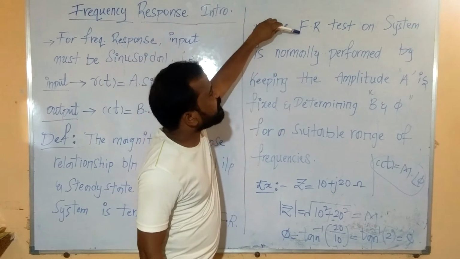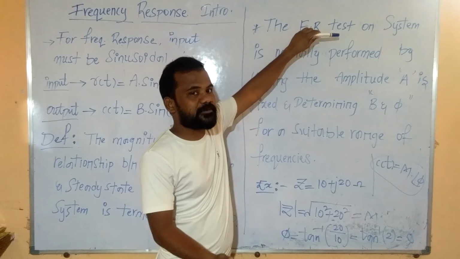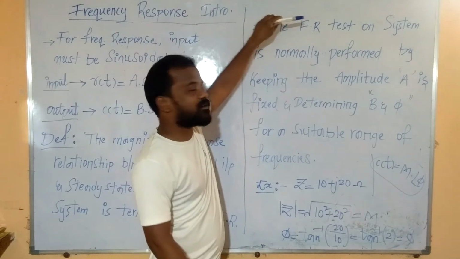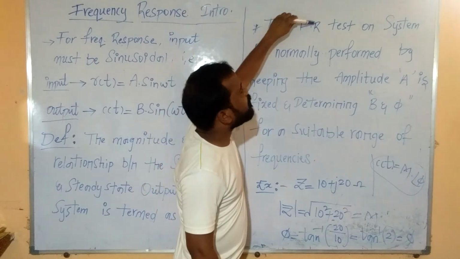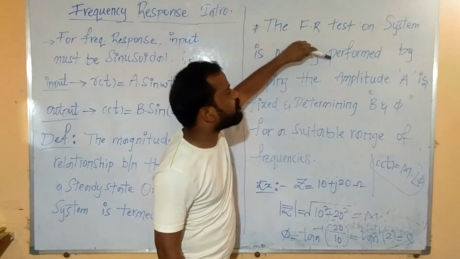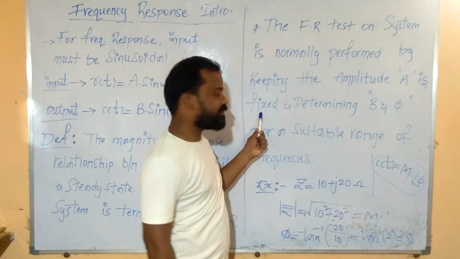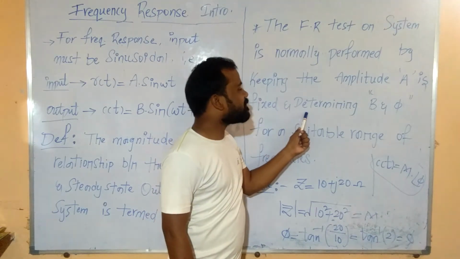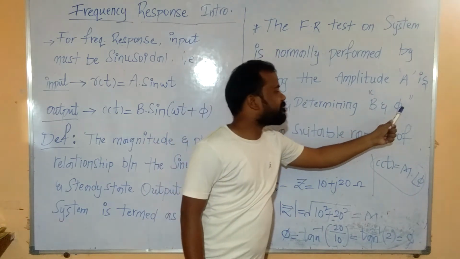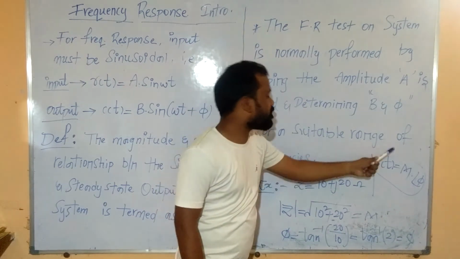The frequency response test on any system is normally performed by keeping the amplitude A fixed and determining the remaining parameters, that is B and phi, for a suitable range of frequencies.